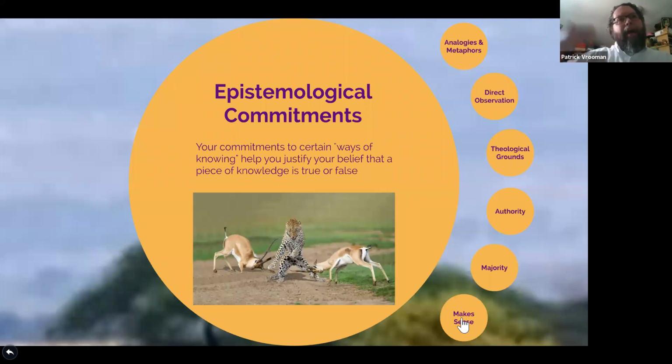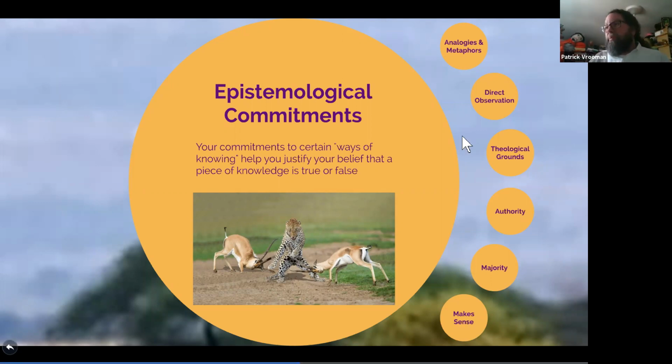So we all have these weird little epistemological commitment critters that run around in our head that tell us what knowledge is and tell us that we know that that's true. It could be an authority critter. It could be a majority critter. It could be a theological grounds critter.